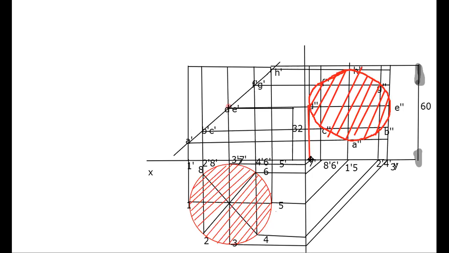This is the HB pencil. You can use this portion, and it is also HB pencil. This is the front view. This is the side view.